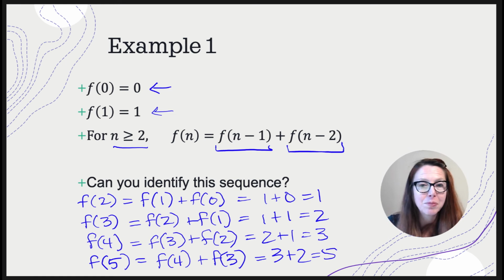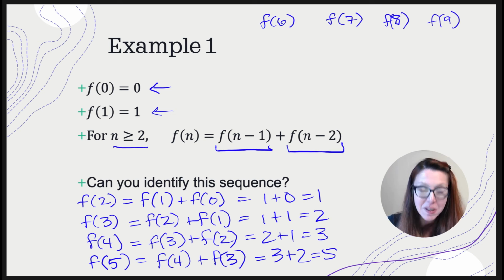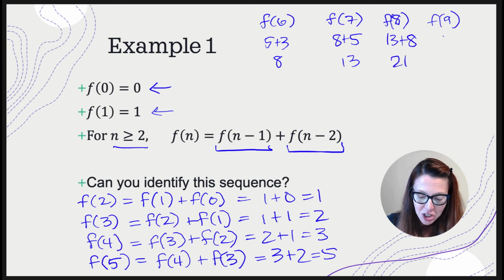And so we can play this out, and we can look at the values of f of 6, f of 7, f of 8, f of 9. And what we see is this is going to be repetitively the sum of the two numbers that came before it. So this will be 5 plus 3, which is 8. This will be 8 plus 5, or 13. 13 plus 8, 21. 21 plus 13, or 34, and so on.